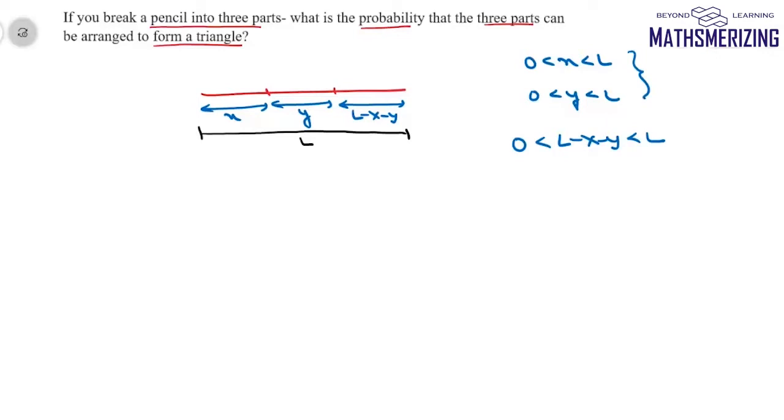So from the third one, we get the condition X plus Y is less than L. So we have 3 conditions: X should lie between 0 and L, Y should lie between 0 and L, and X plus Y should be less than L. So we'll plot this region on a coordinate plane.